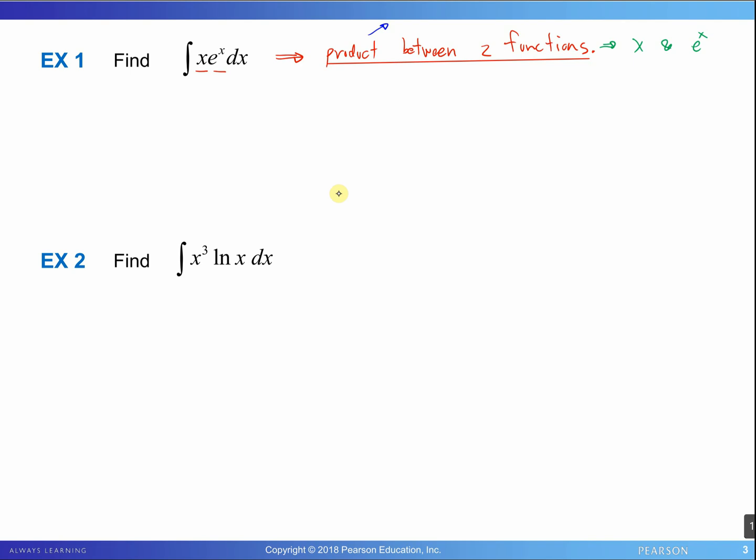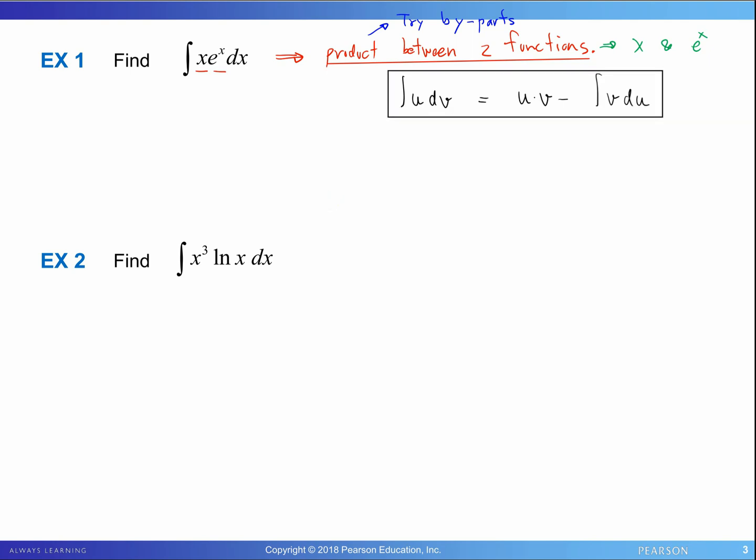So let's try by parts for this integral. So it's going to be this formula, integral of u dv equal to u times v minus integral of v du.